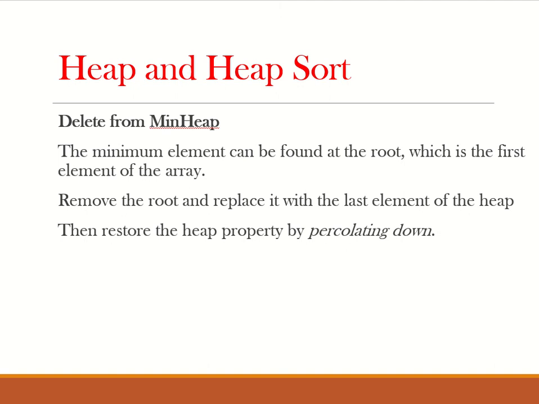If it is violated, then you have to interchange the root node with one of its 2 children, decided based on the property of the heap, and this is done until you reach a point where the heap property is satisfied. This process of shifting the element down towards the leaf level is called shifting down or percolation down. I'll show you an example and you will have a better understanding.